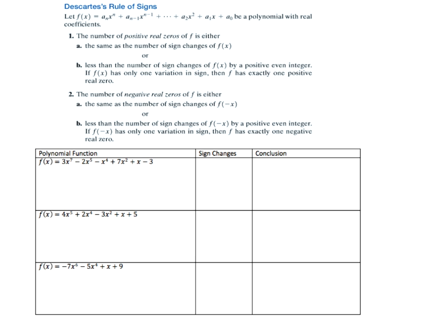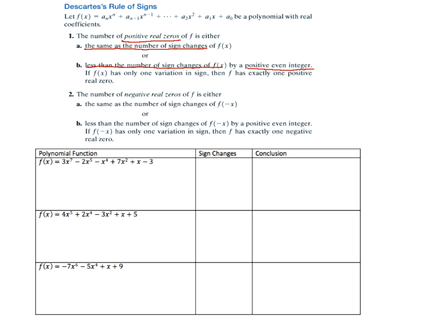Okay, we have another rule about the types of zeros that you can expect to see, and that's Descartes' rule of signs. So you start off with your polynomial, and it says the number of positive real zeros is either the same as the number of sign changes or less than the number of sign changes by a positive even integer.